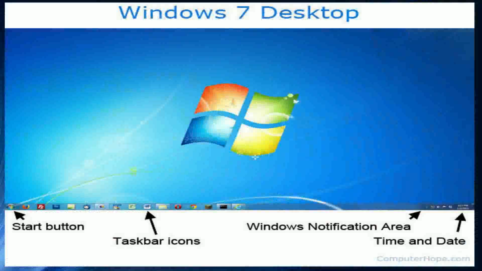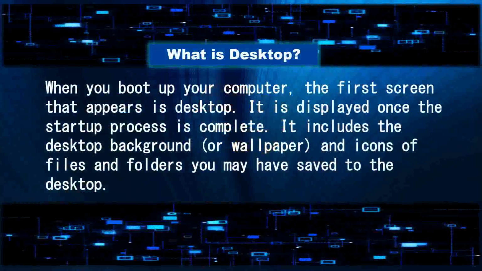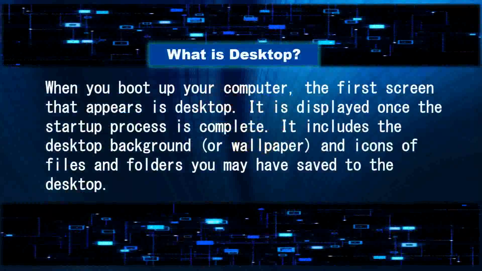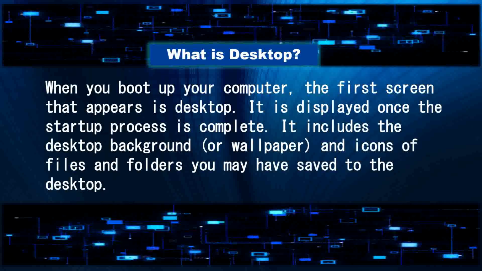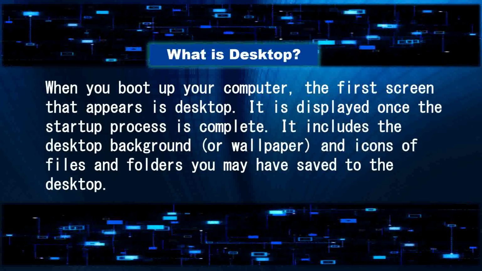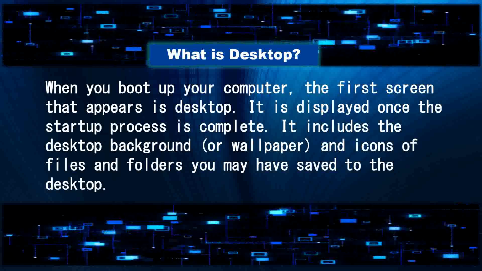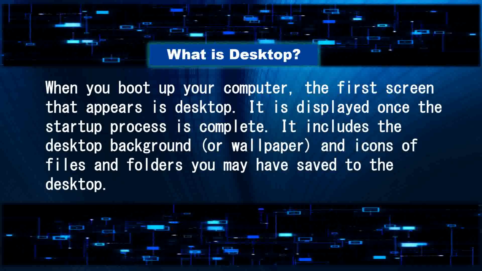This is the screen you have of Windows 7. This is the desktop you have for Windows 7. But what is a desktop? If I ask you what a desktop is, do you know? As I discussed in the last class also, when you boot your computer, when you switch on the computer, the Windows operating system starts automatically.